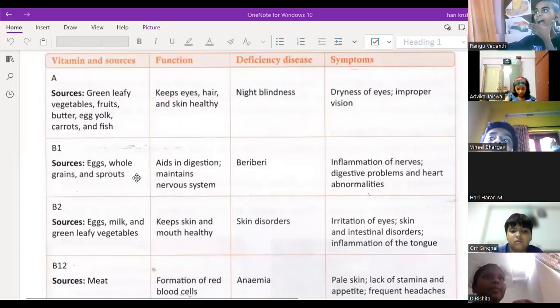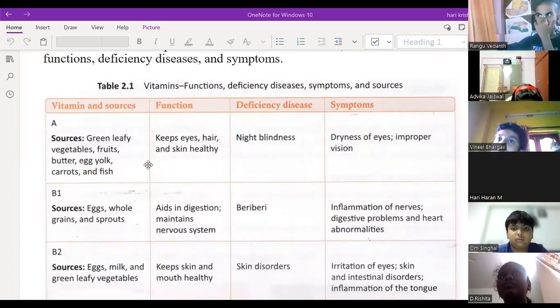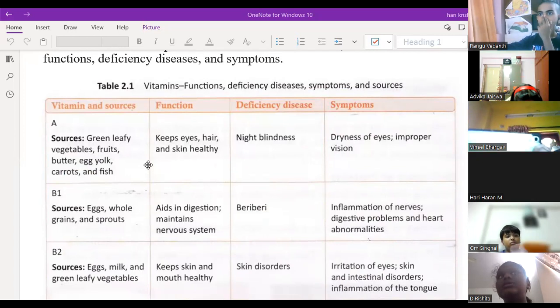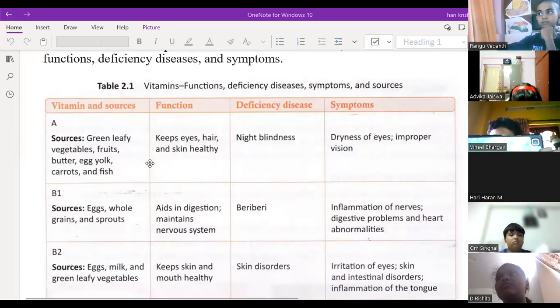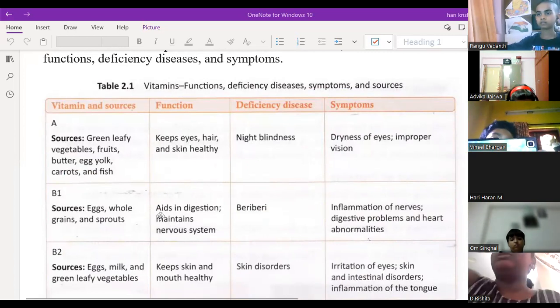I told you to copy these two tabular columns in the classwork notes last class. Okay. So vitamin A's main sources are green leafy vegetables, fruits, butter, egg yolk, carrot, and fish oil.